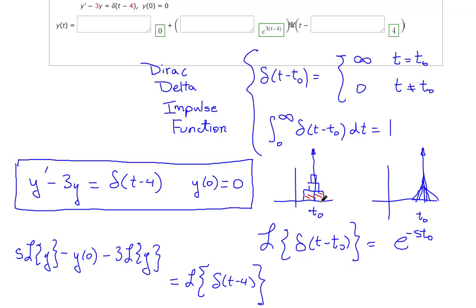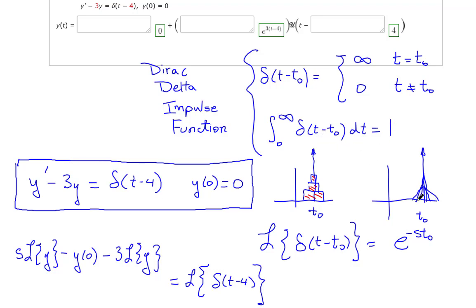Then you have a limiting process where the width of the box decreases and yet the height goes up, but yet maintaining an area of 1. And then you keep doing that. Shrink it even further, but the height goes higher. So in the limiting process, the width goes to 0, but it spikes up to infinity.